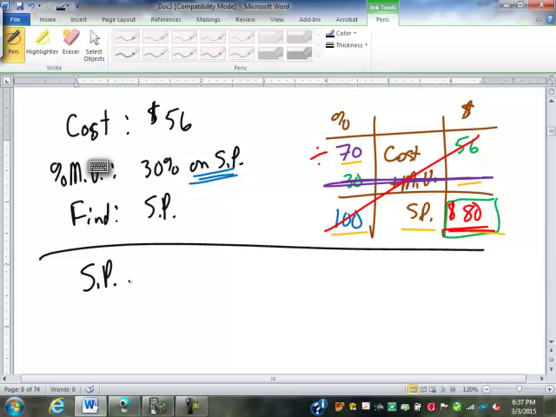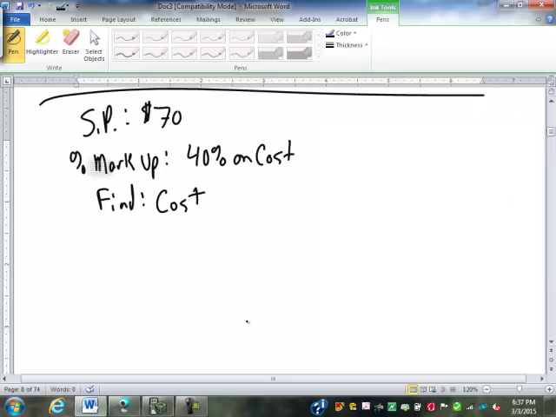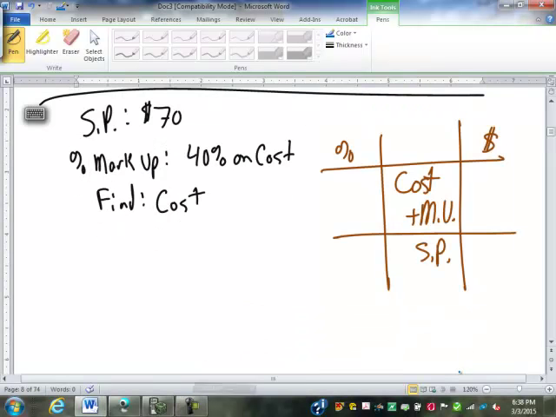So let's say that we have a selling price that's $70. Our percent markup is 40% on cost. Find the cost. So start out, where does the 100 go?